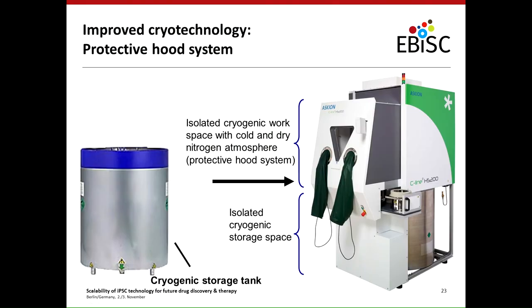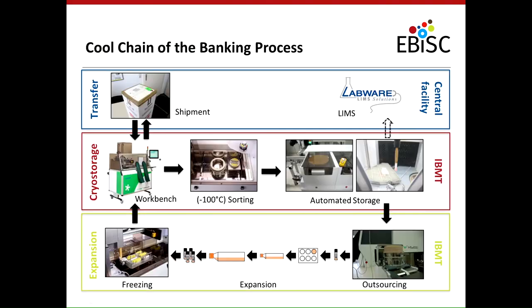That means if you bring your samples in or out, the samples are always cooled, and there are no temperature changes, and the cold chain is not interrupted, meaning that all samples in the tank have a stable storage environment. With this, we have been able to guarantee the complete banking process with a closed cold chain.